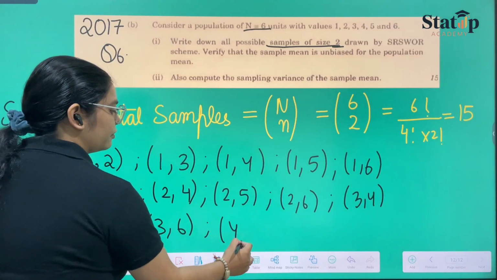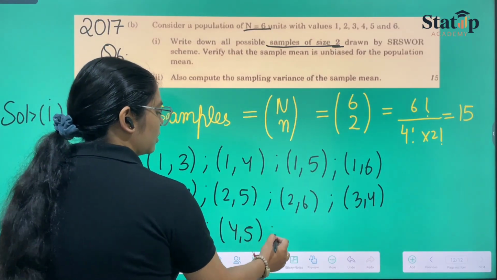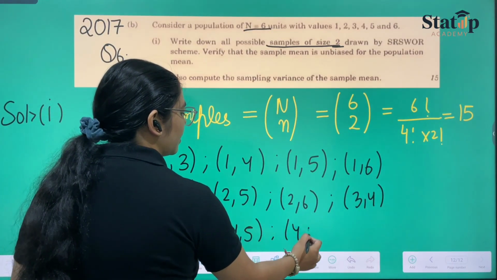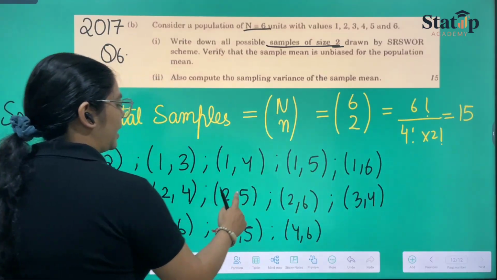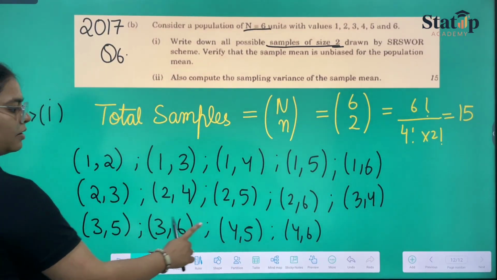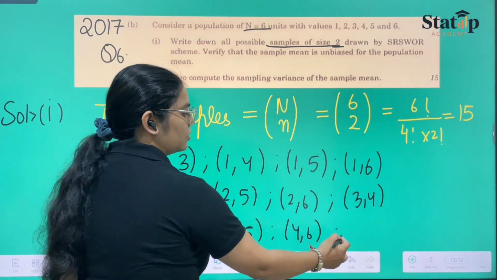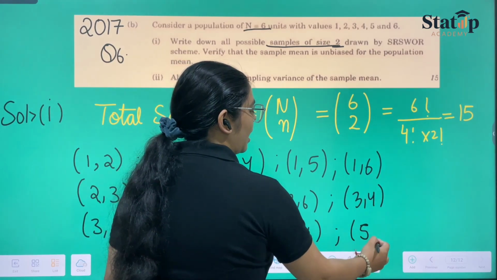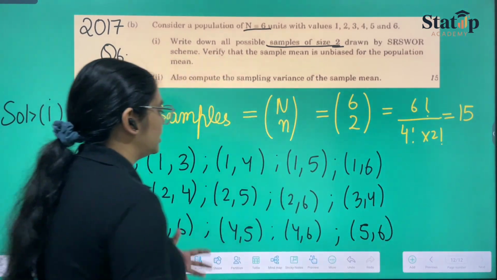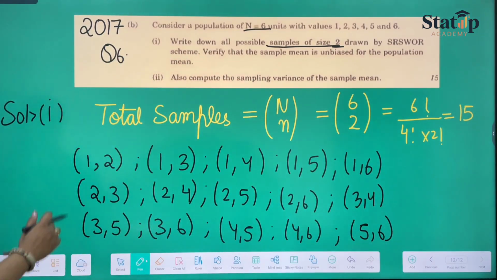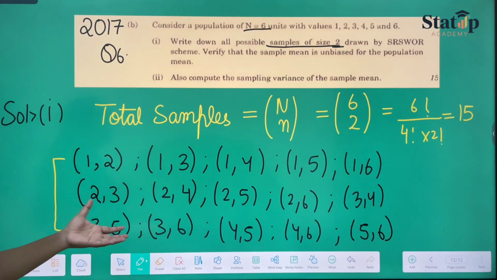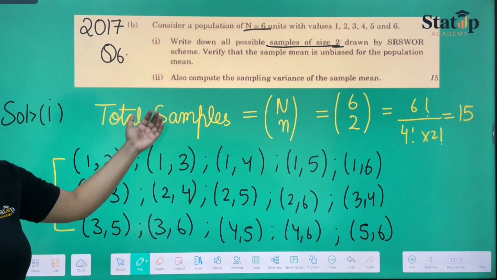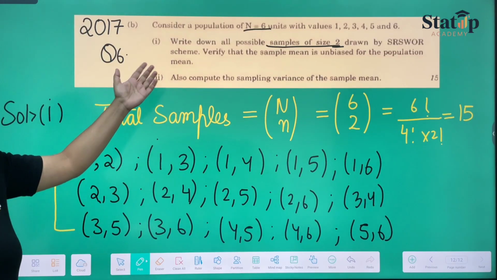So 4,5, 4,6, and then 5,6, since 5,1 to 5,4 are already taken and 6,6 we cannot take. So these are the 15 samples, 5 in each row and 3 rows. These are all possible samples we can draw using simple random sampling without replacement in this question.